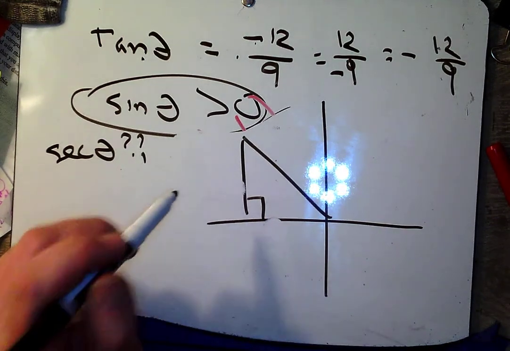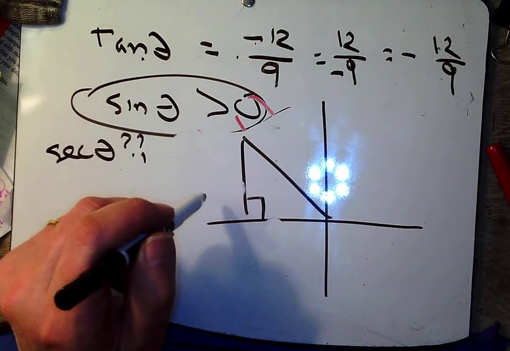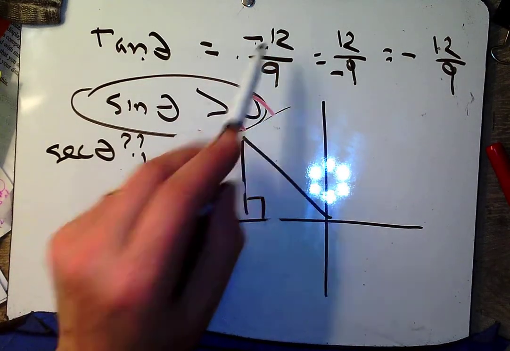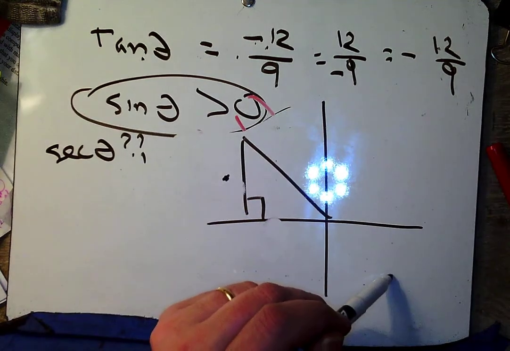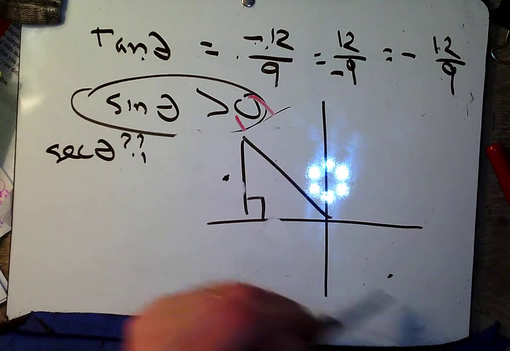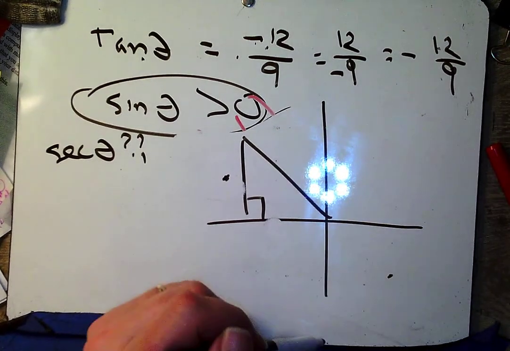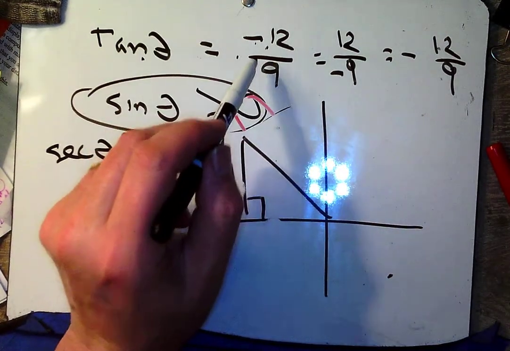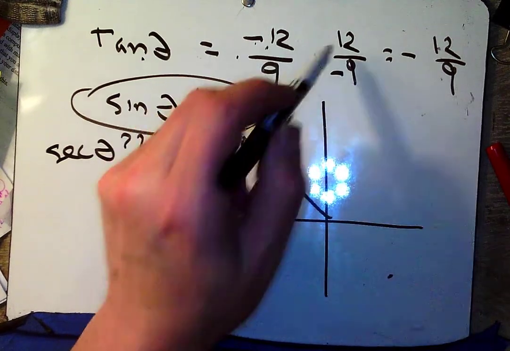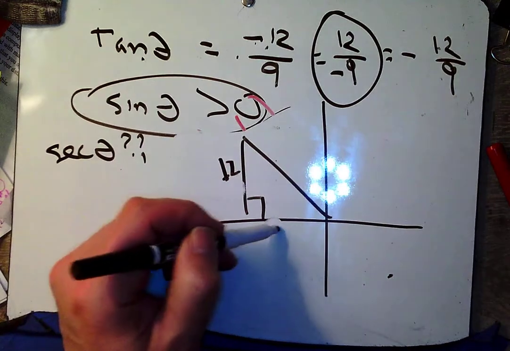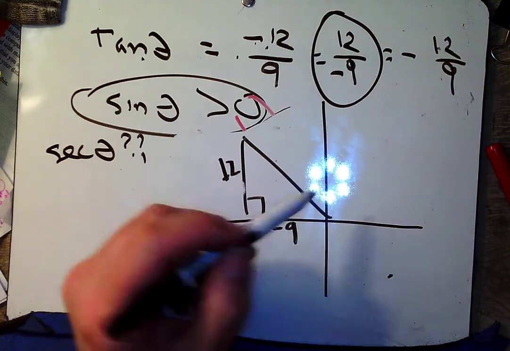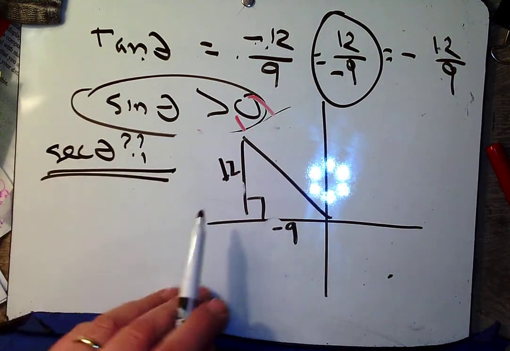Because of this right here, right now. Opposite can't be negative in this quadrant. Only in this quadrant could my opposite be negative 12 and my adjacent be 9. So even though that's been presented to me, opposite is 12, adjacent is negative 9, and we're looking for secant.